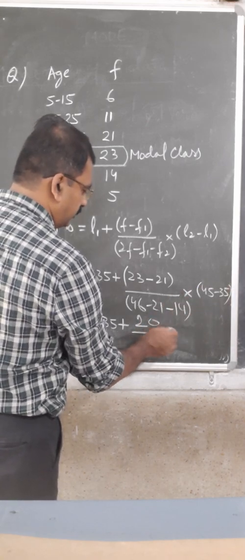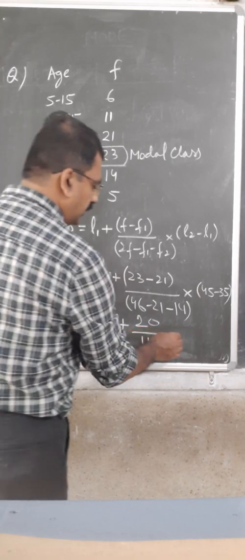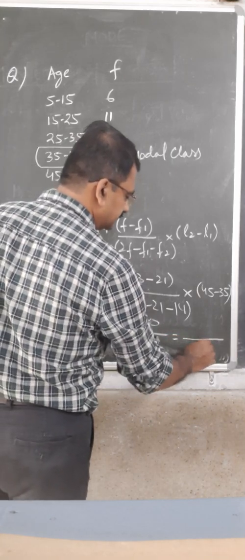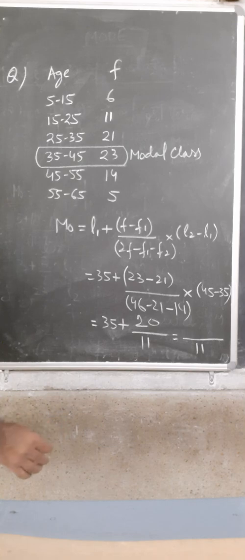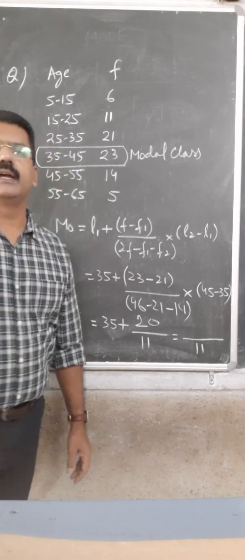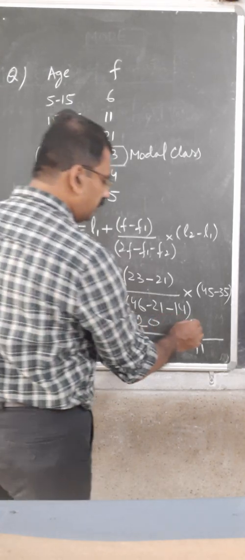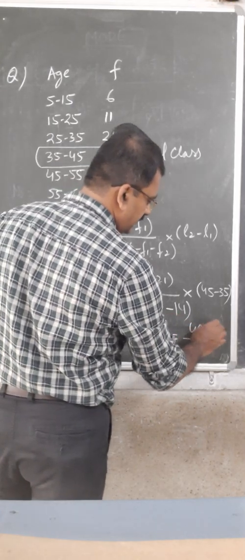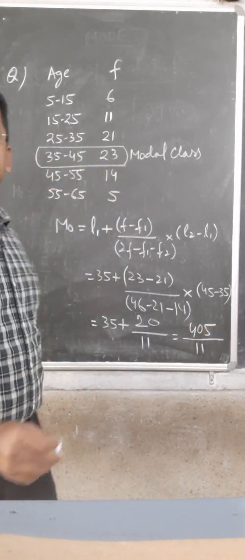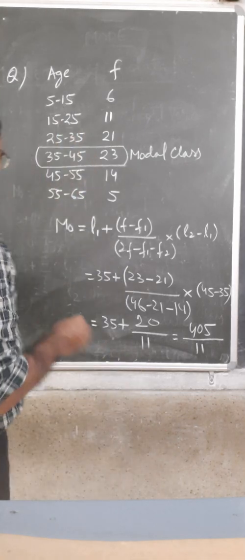So you can write 20. Now you take 11 LCM. So 11 into 35 is 385. 385 plus 20 is 405.